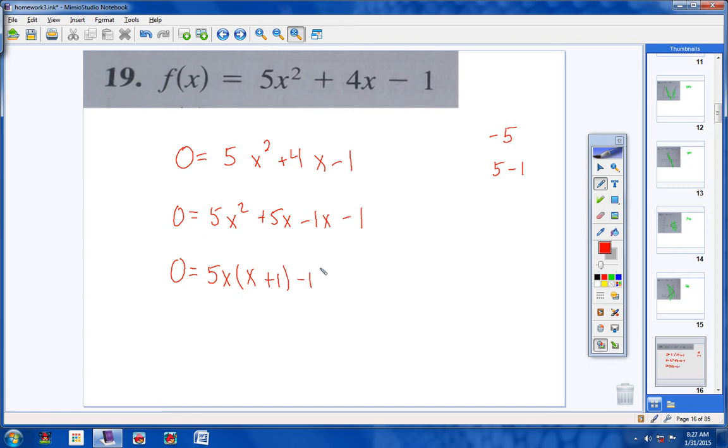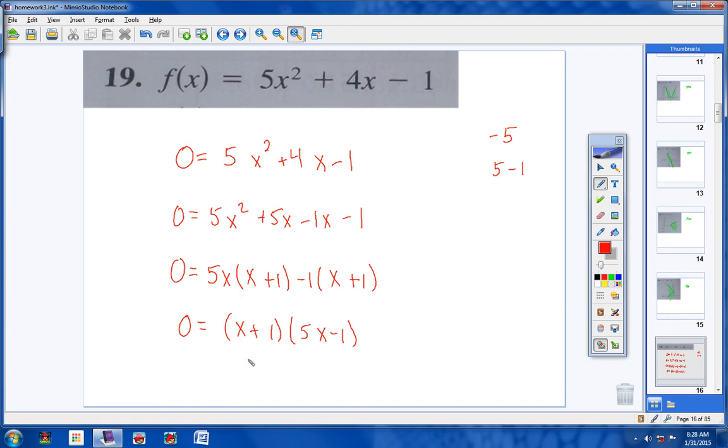Pull out a negative 1, and you're left with x plus 1. If you want to check that, feel free to. You would take 5x times x is 5x squared. 5x times 1 is 5x. Negative 1 times x is negative x. Negative 1 times 1 is negative 1. Okay, write your matching parentheses once. And you're left over with 5x minus 1, okay?